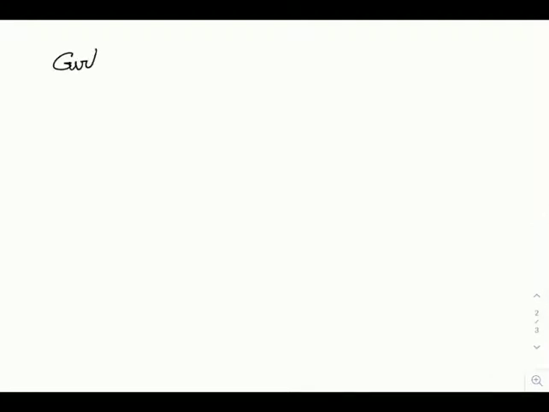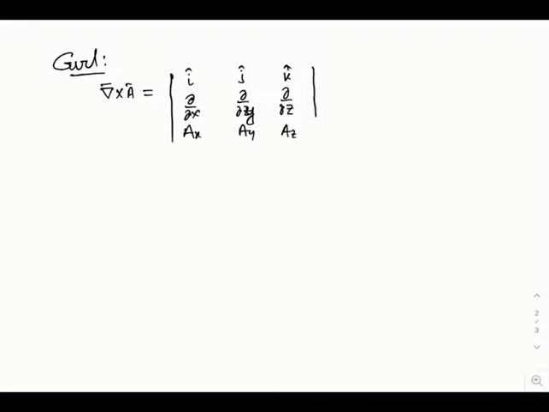Curl of a vector. The vector product del cross A defines the curl of a vector A and is written in a matrix form like i j k, ∂/∂x ∂/∂y ∂/∂z, and Ax Ay Az.